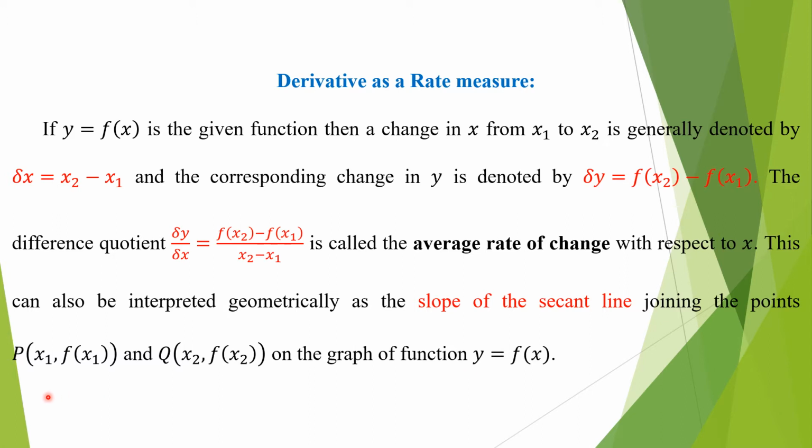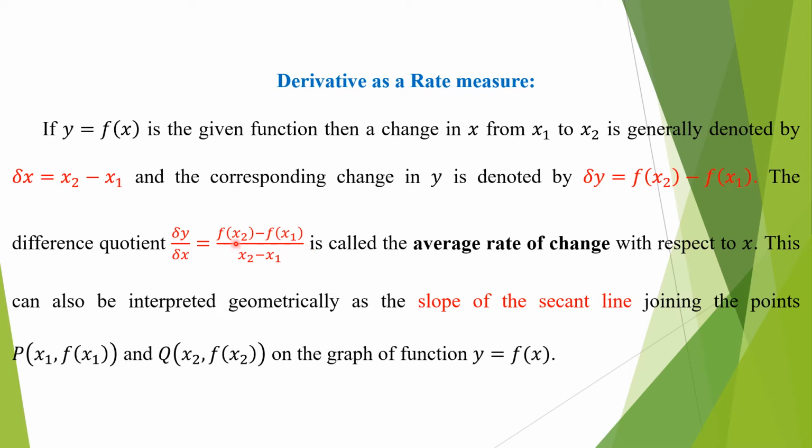Suppose the line segment PQ joins the two points P and Q. The slope of the line segment is the difference of y coordinates divided by the difference of x coordinates. Here the y coordinates are f of x2 and f of x1, so the difference in y is f of x2 minus f of x1, and the difference in x is x2 minus x1.